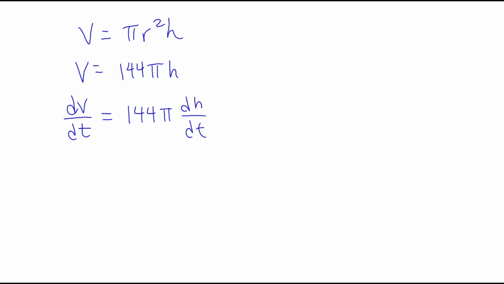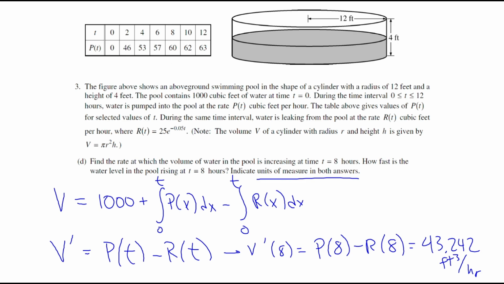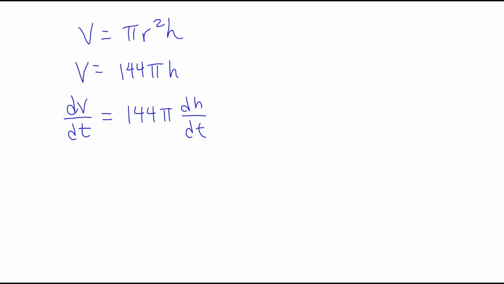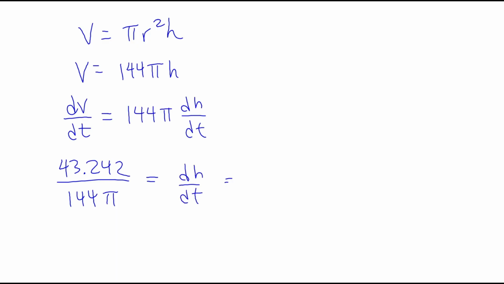We already found dV/dt in the previous part of the problem, right? So dV/dt, if we look back here, the rate of change of the volume when t was 8, was 43.242. So we've got 43.242 divided by 144 pi should be equal to dh/dt.